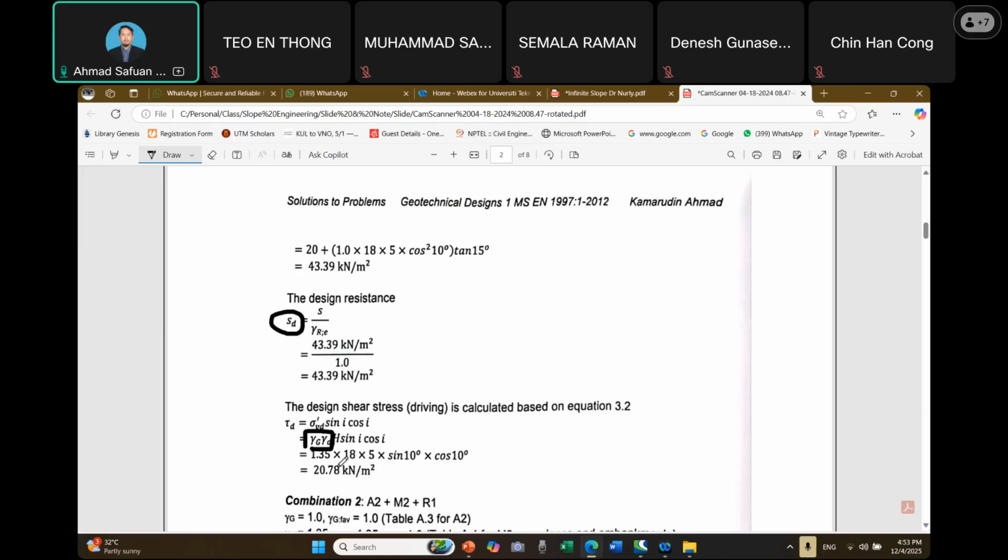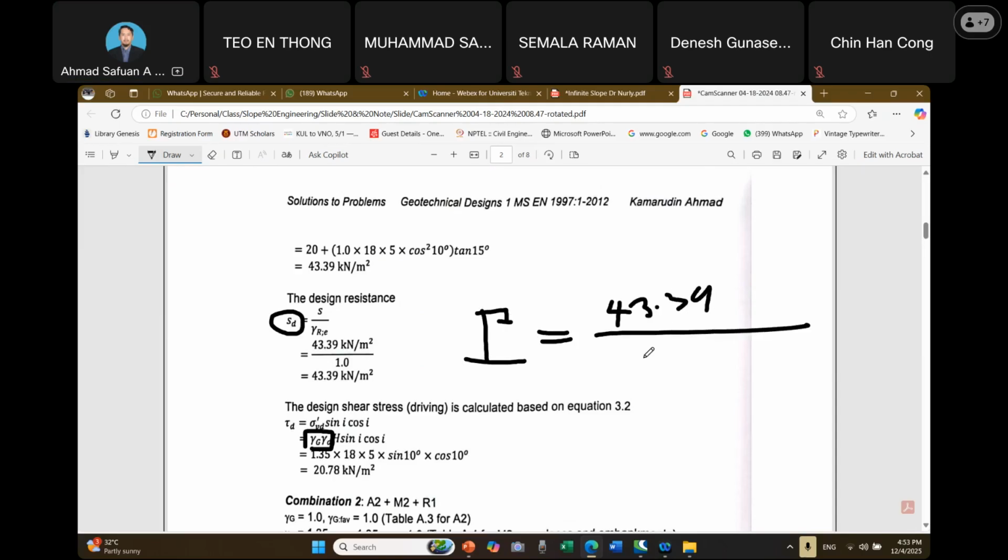So 1.35 times 18 times 5 times sine 10 times cos 10, we obtain 20.78 for the tau D. Basically, if we want to count the over design factor, this 43.39 over tau D, which is 20.78, is the over design factor.